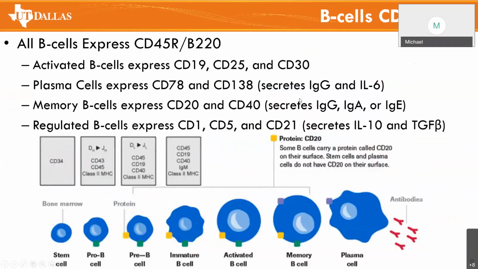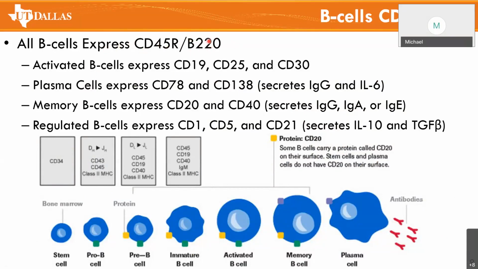And so a lot of times we need to be able to track these B cells, and in vaccination especially, what we do is understand whether or not we're activating our B cells and developing plasma cells. And so one of the CD markers we look at is CD45R/B220, and this is expressed on all B cells.